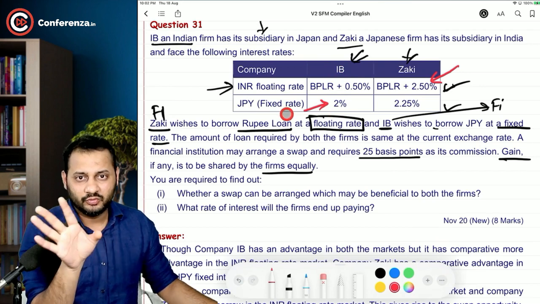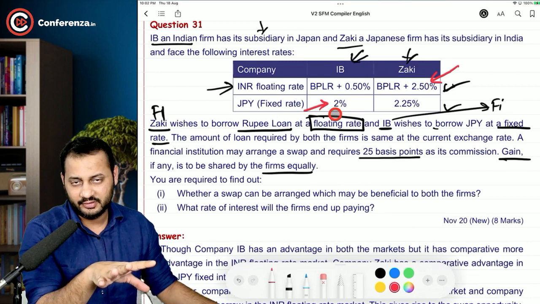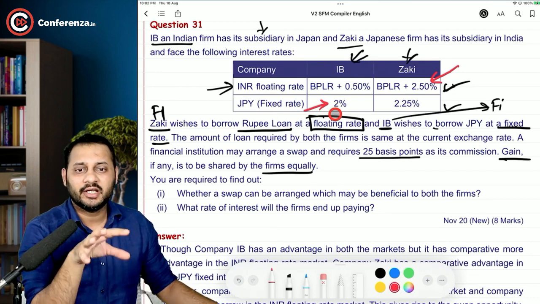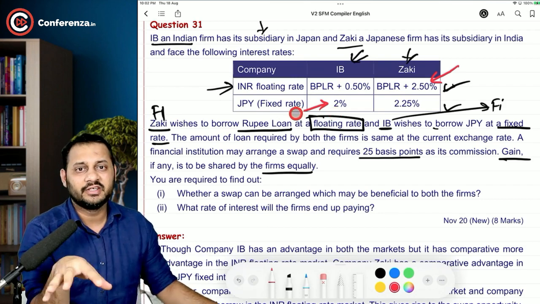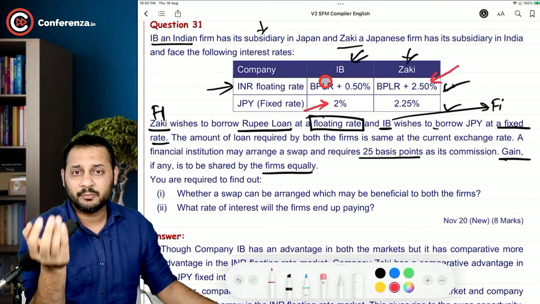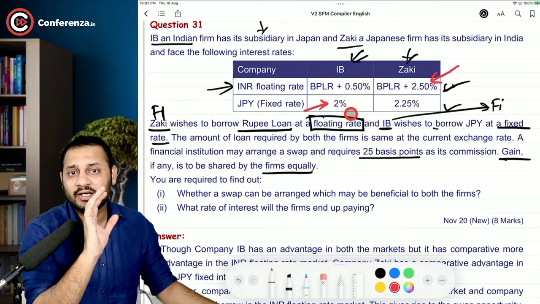IB's wish is to borrow at a fixed rate. It is costing it 2% from borrowing from the bank. But a swap arrangement can cost much lower than 2% at the fixed rate. So IB will obviously want to go for the swap arrangement if it can have a fixed rate loan at lower than 2%.